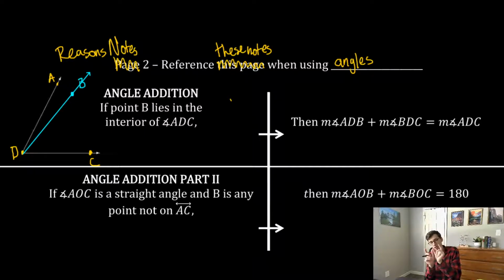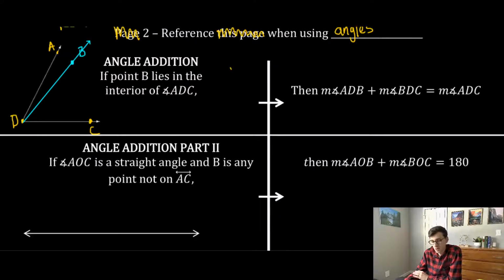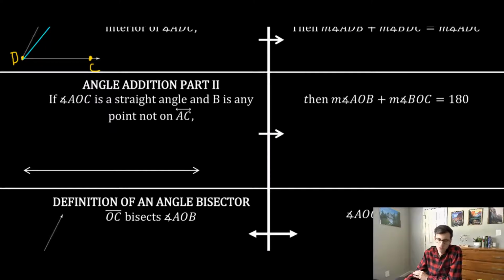Those two little angles equal the big angle. And again, postulates should generally make sense to us. Okay. So that's angle addition. That's I guess part 1, because we also have angle addition part 2.